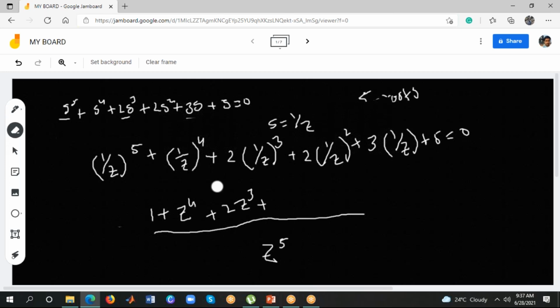So if you multiply this you will get z power 4.